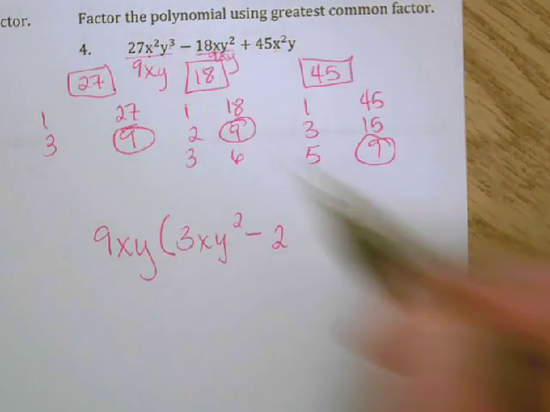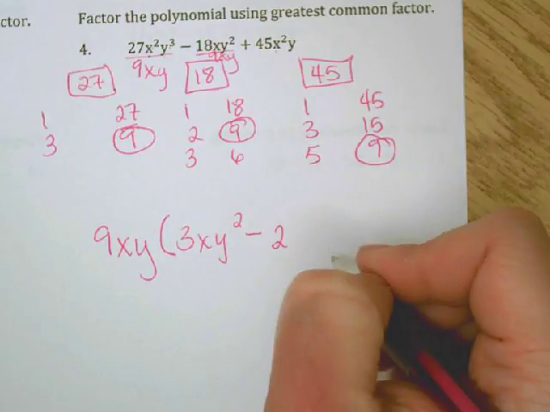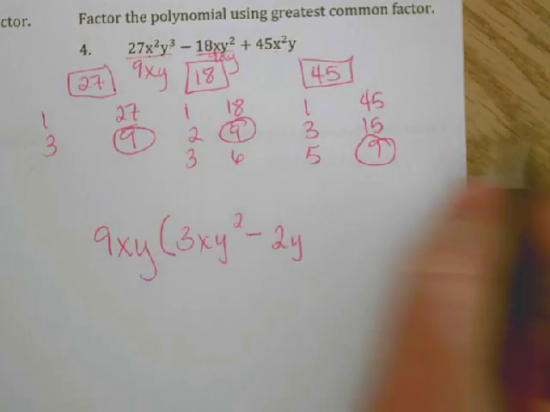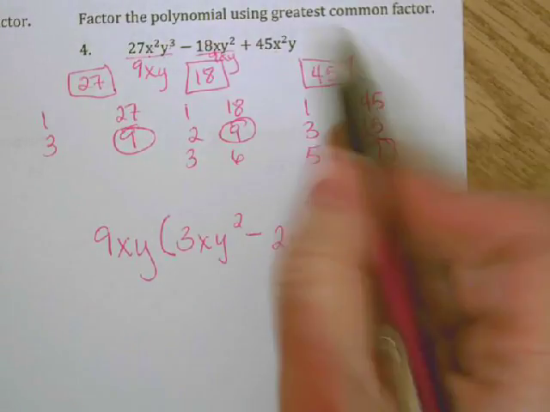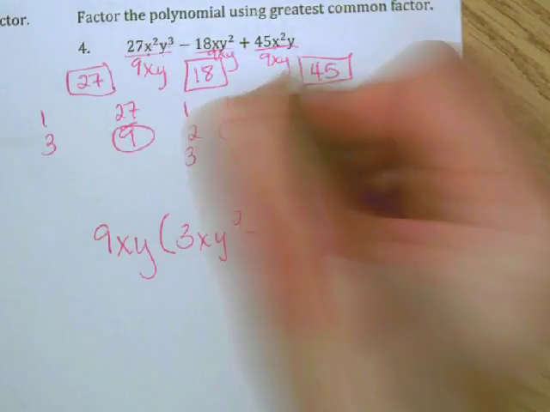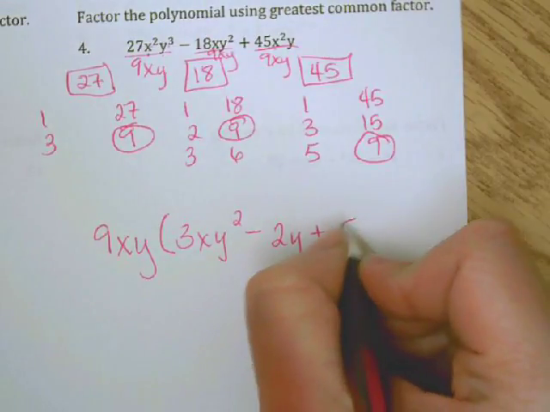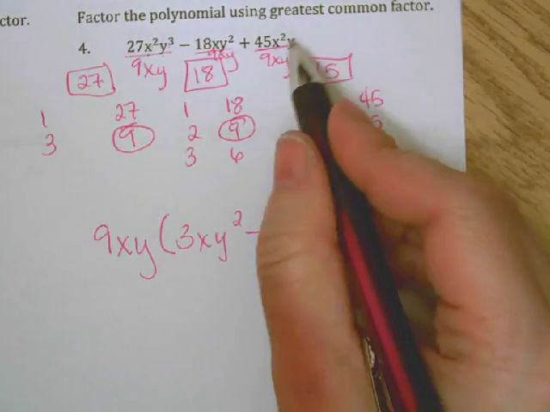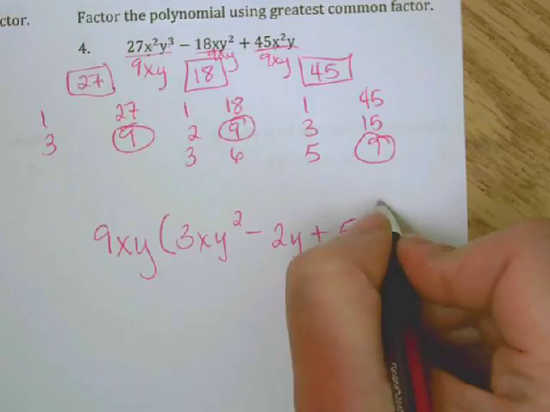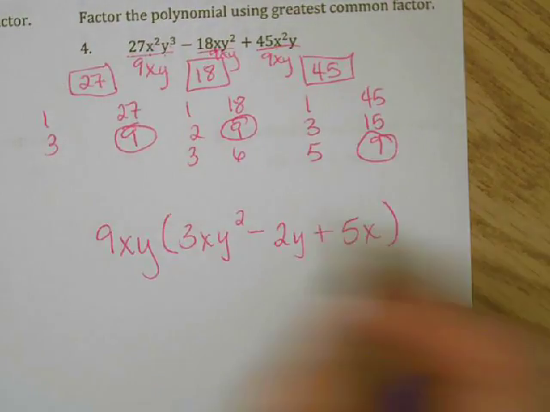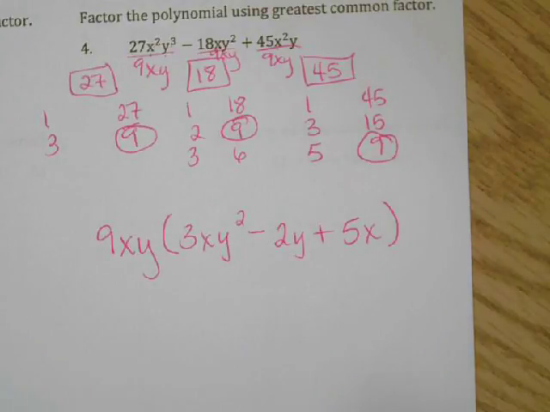X divided by x gives me 1, so my x's are out of that one completely. And then y squared divided by y is just y. Bring down the plus. 45 divided by 9 is 5. X squared divided by x is x, and y divided by y is just 1. So that one divides out as well. So there is my greatest common factor factored out.